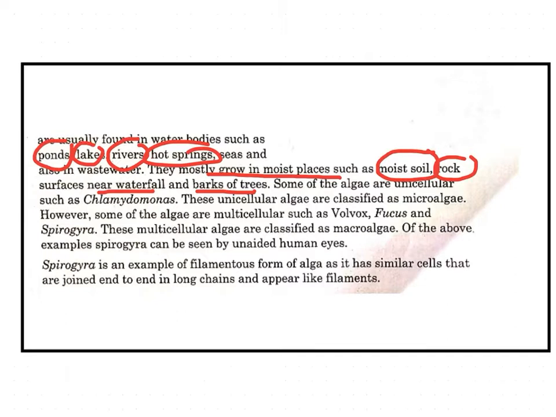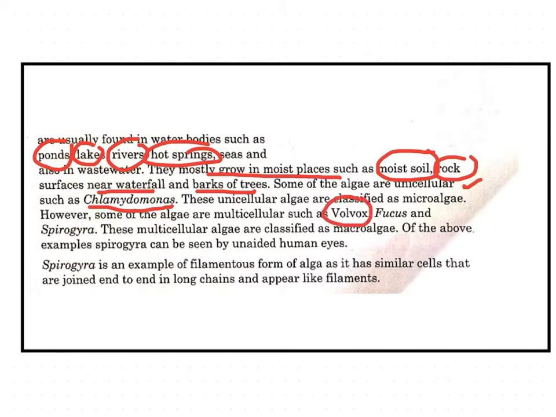Now some of the algae, dear students, may be unicellular. Unicellular means made up of a single cell, just like Chlamydomonas. And some of them are multicellular, as we discussed in the case of Volvox.